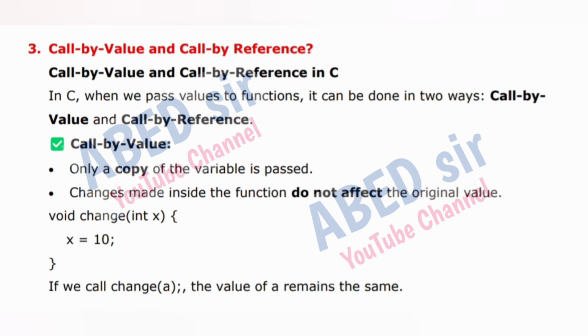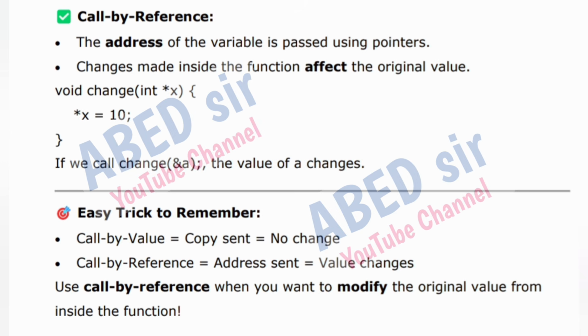void change(int x). x = 10. If we call change(a), the value of a remains the same. Call by reference: the address of the variable is passed using pointers. Changes made inside the function affect the original value. void change(int *x). *x = 10.